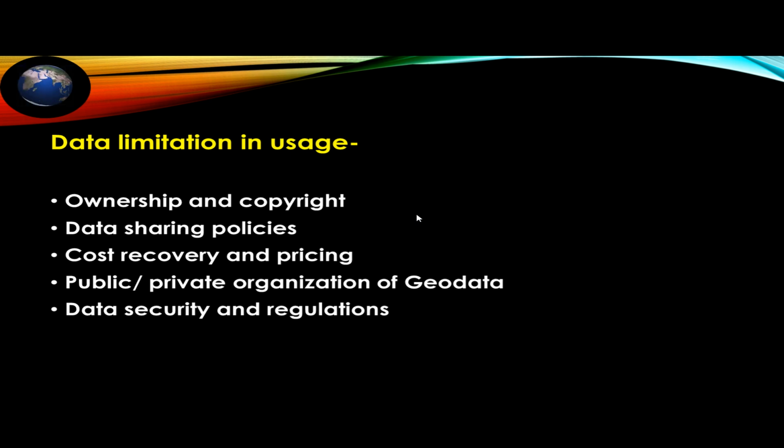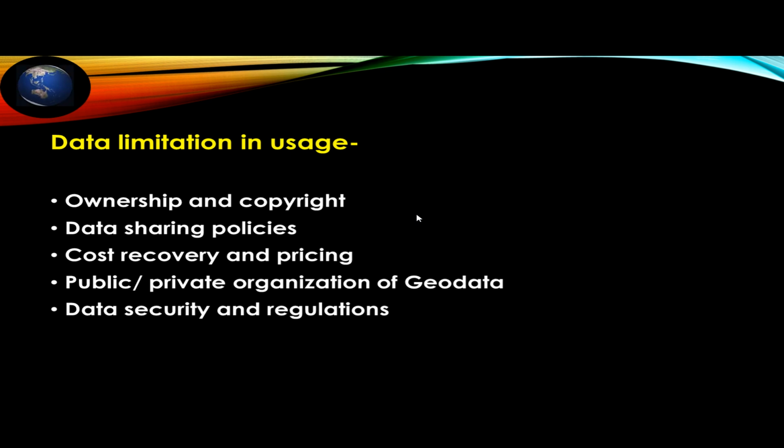Okay. So the last topic is the data limitation in the use of GIS. As sir discussed in the last lecture of this week, it is the ownership and copyright limitation. Datasets have ownership in GIS and remote sensing.